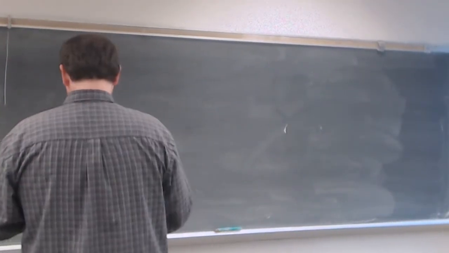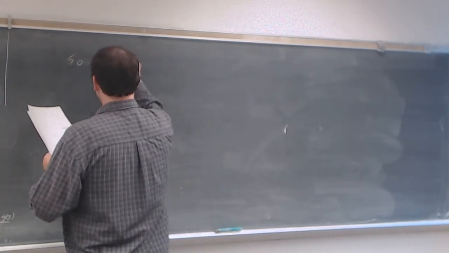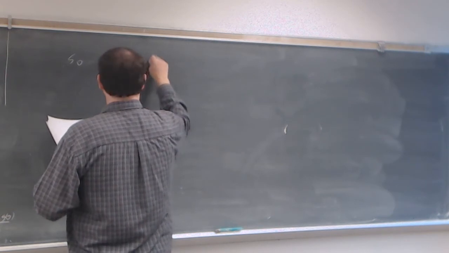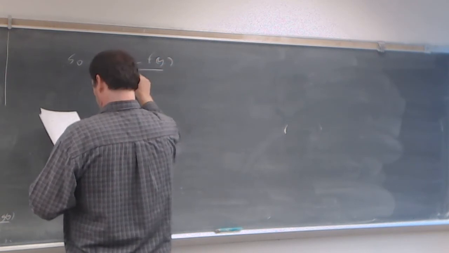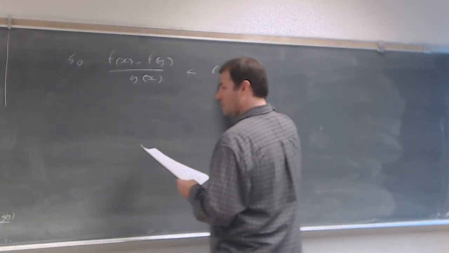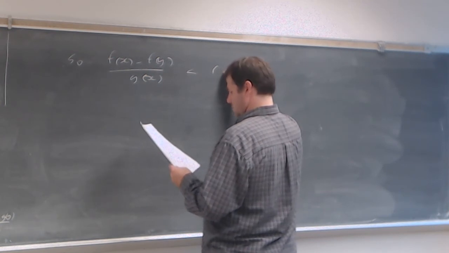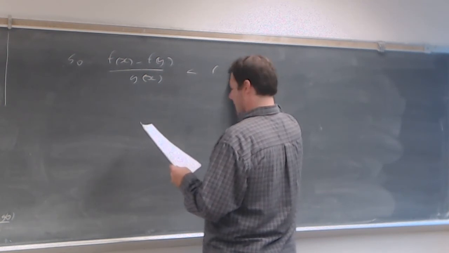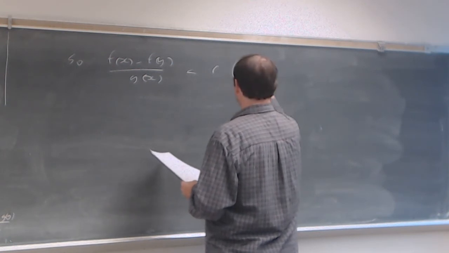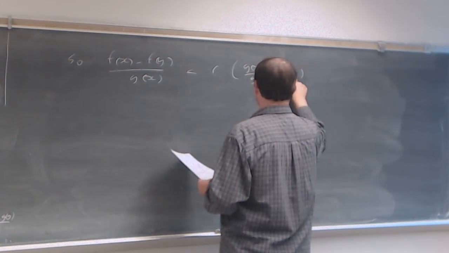Okay. So, f of x minus f of y all over g of x will be less than r times, well, one way of writing what we have is g of x over g of x minus g of y over g of x.